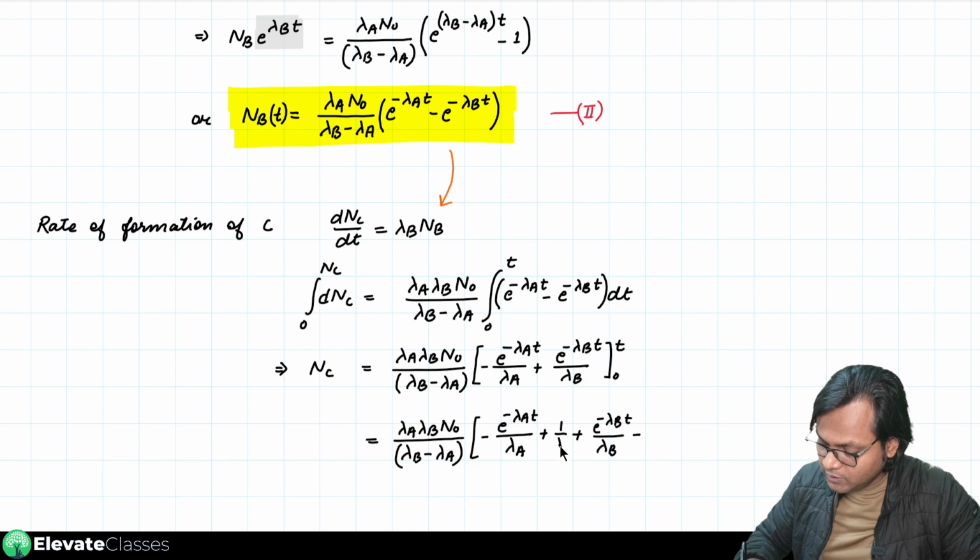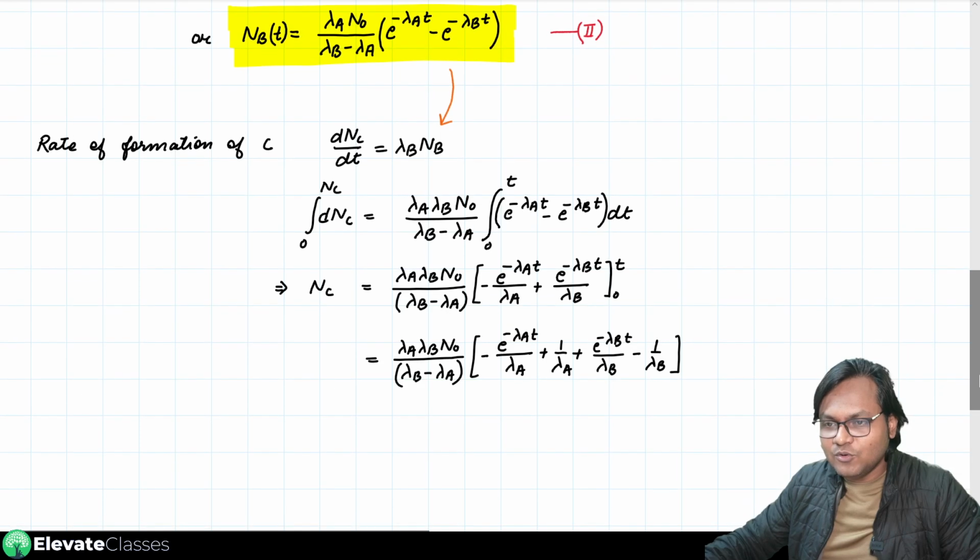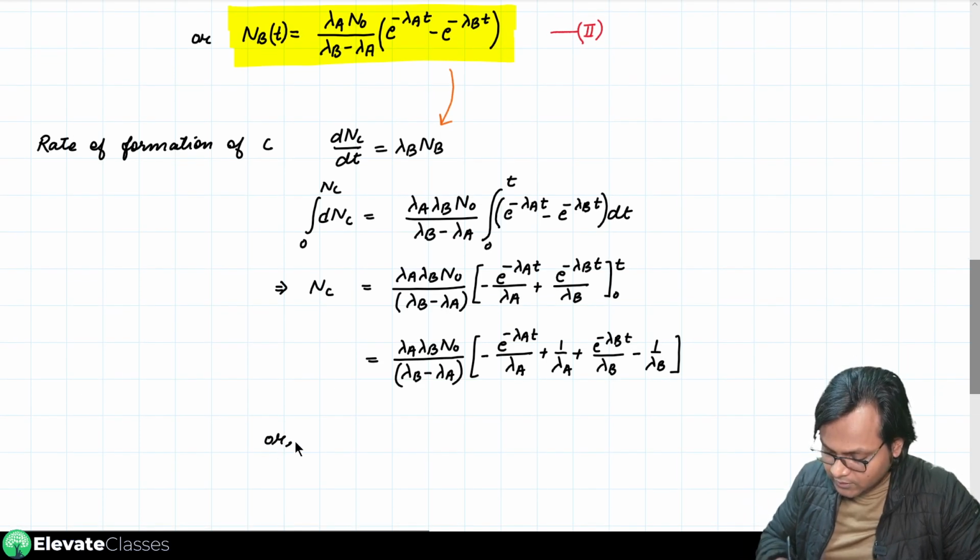This should be 1 upon lambda a and this should be 1 upon lambda b. Okay, we are almost there. Just one more expression remaining.